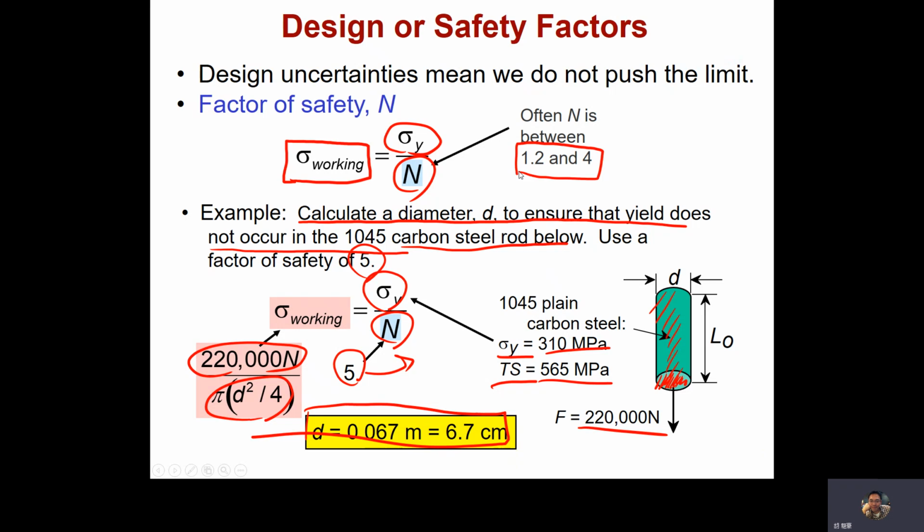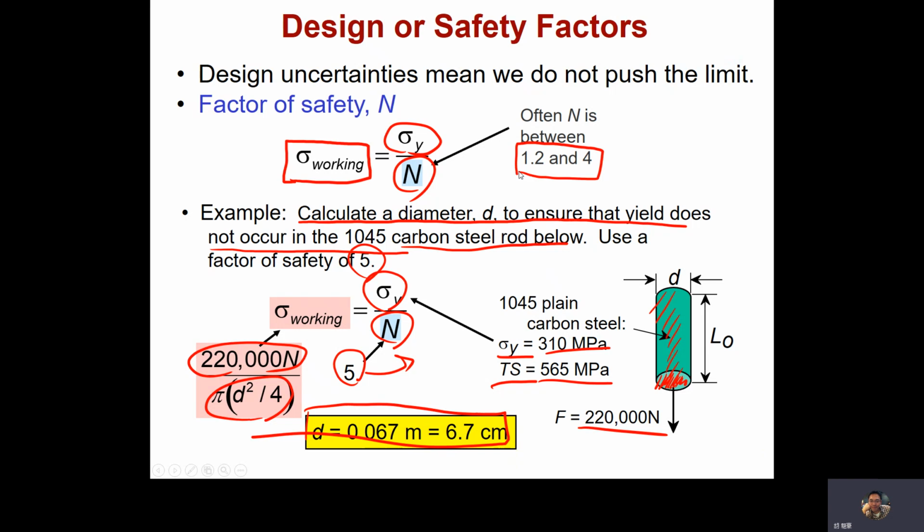For example, if the safety factor is smaller, this product might be used for maybe 10 years. However, if the safety factor is 4, maybe this product can be used for 20 years. But you have to think of the other way: if this product can be used for 20 years or longer, how can this company make money? If it can be used 20 years, maybe I don't want to change it.